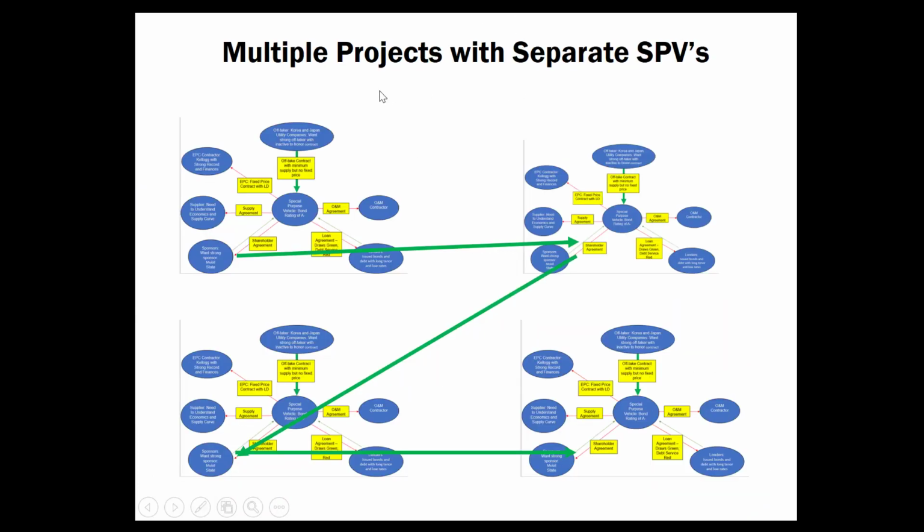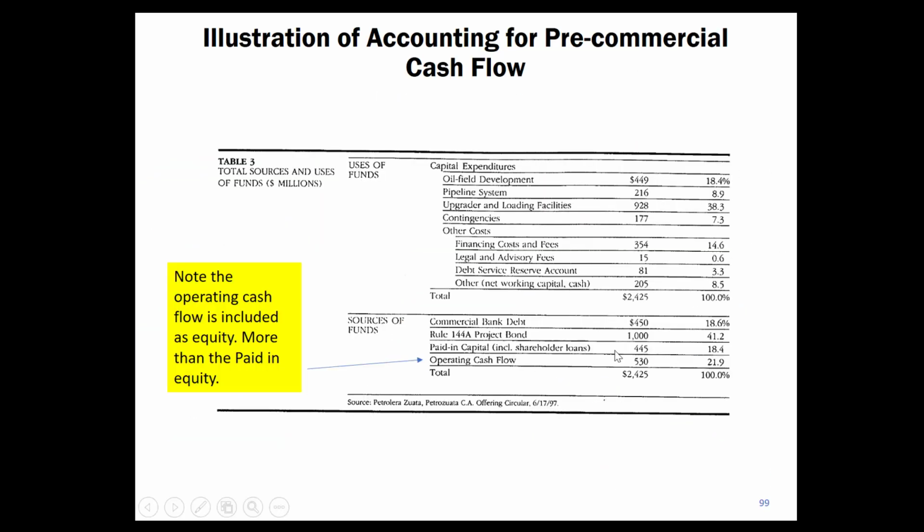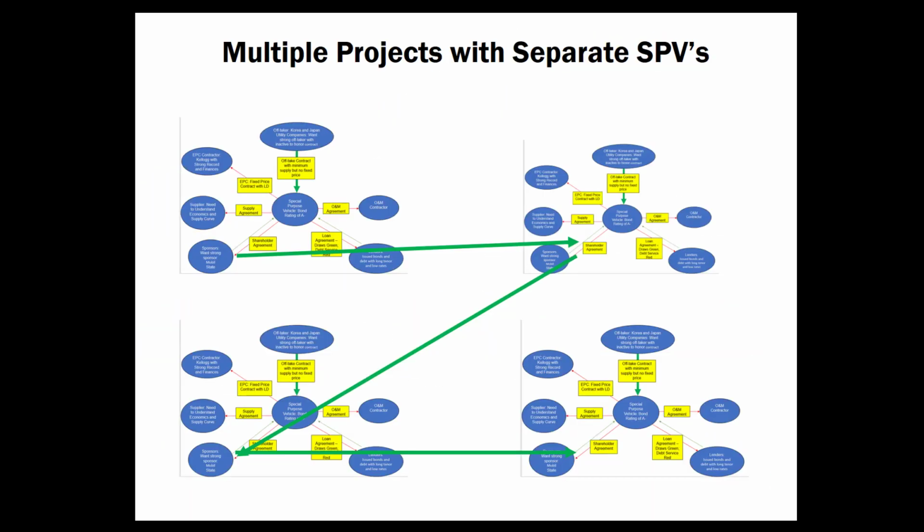Now what we could do is, let's say we had multiple projects. Imagine this is multiple wind farms, multiple solar projects, 2 stages of a combined cycle project, any of these kinds of things. We could put all these projects in as separate SPVs, and then project 1's equity, the dividends, could be used to fund the green line in project 2.